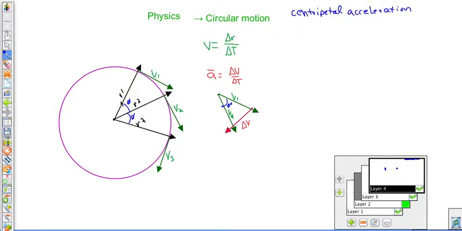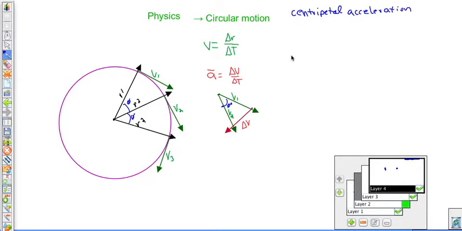So then because these are the same angle, these lengths are also going to be ratios of each other, right? Because it's the same angle between the radius and the velocities, the ratios of the lengths are also similar.